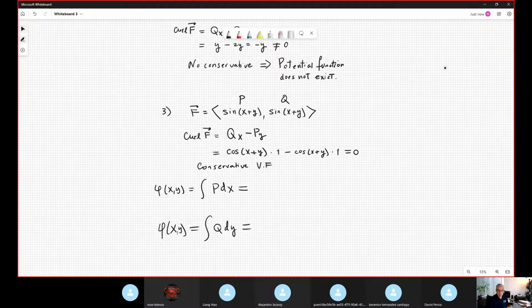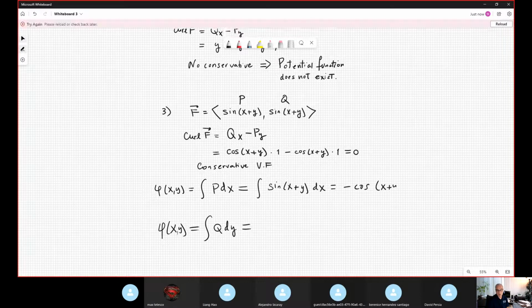So it's the antiderivative of sine of x plus y dx, and the antiderivative of sine is minus cosine of x plus y. You put a constant or arbitrary function, but it's not important. This is irrelevant because you complement this answer and that answer together without repetition.